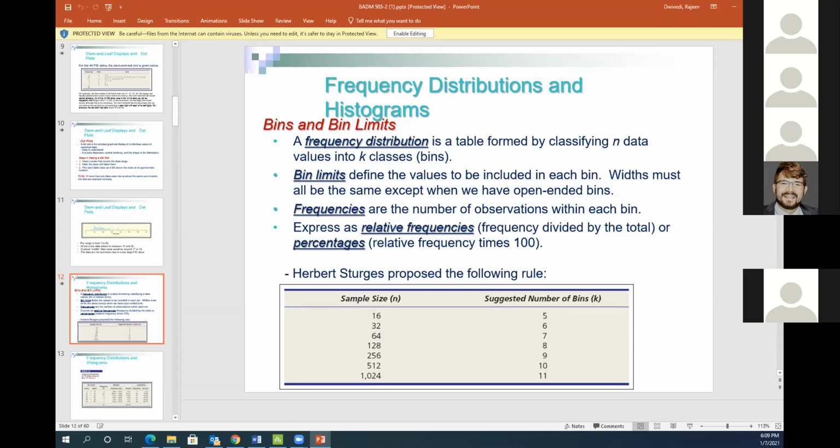However, suppose you want to calculate it, how can you do that? This is the simple rule. I think you can see my whiteboard now. k equals 1 plus 3.322 log n.